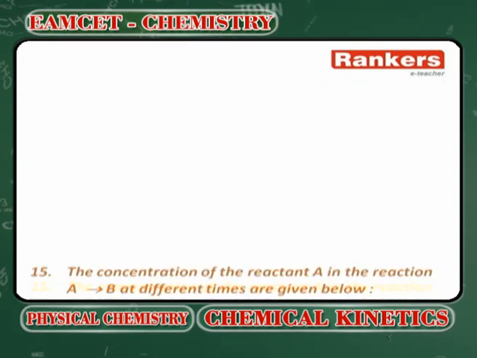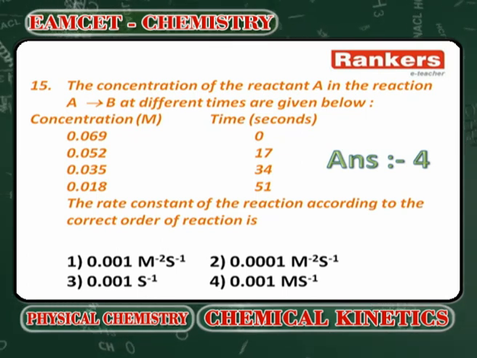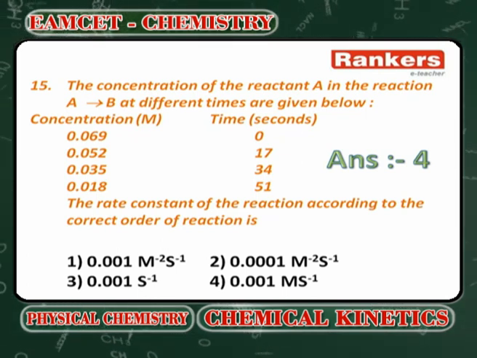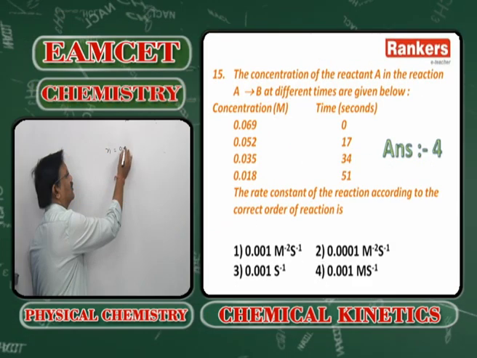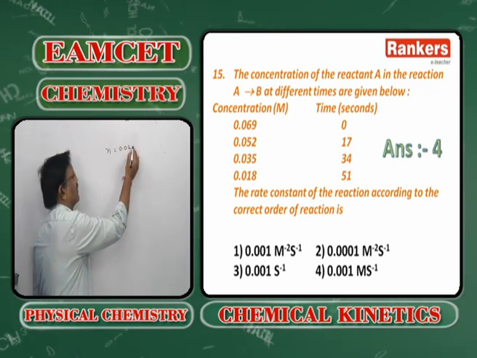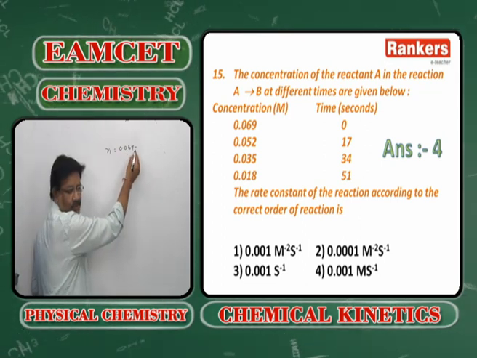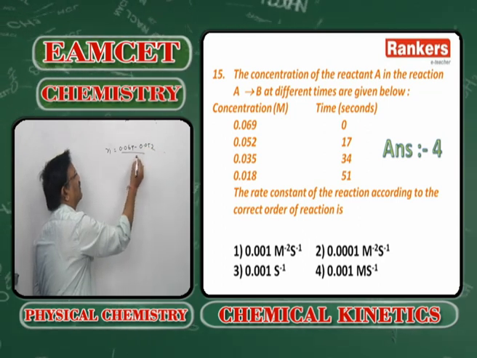Next. So here also, this is a character of the zero order reaction, because what is R1? R1 is equal to 0.69 minus 0.052 by 17.